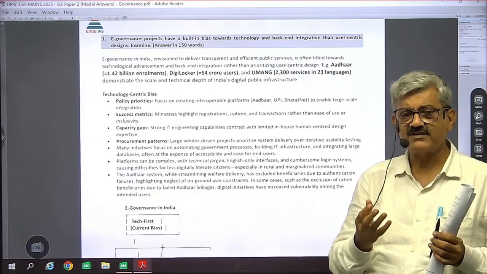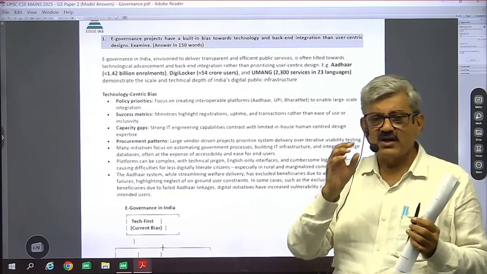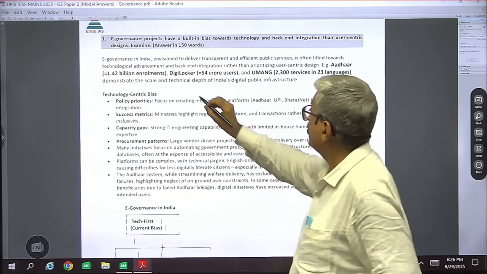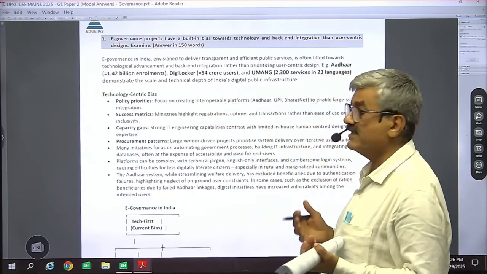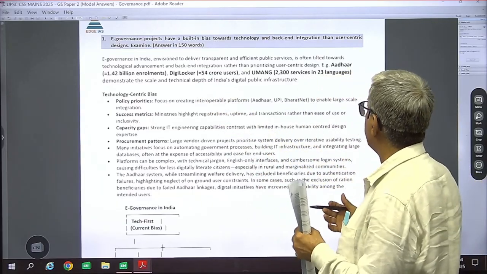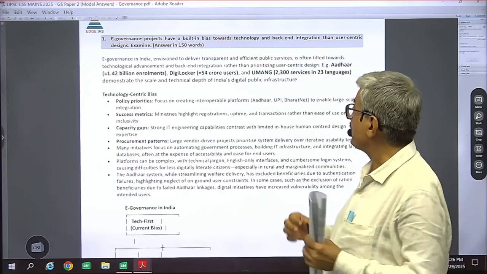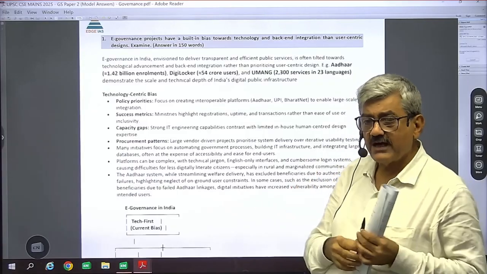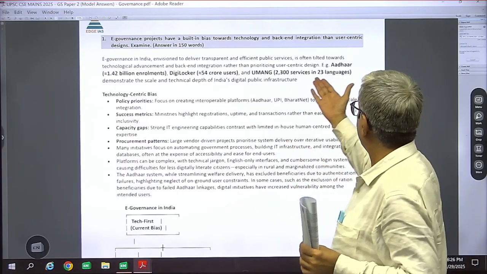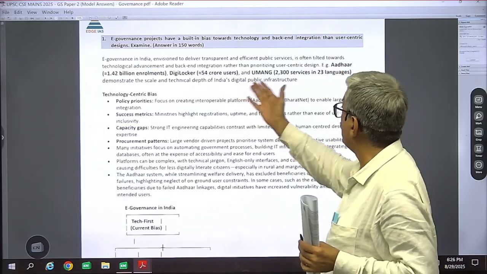How we started our journey in a very small and short way. E-governance, how it is envisioned as a transparent, efficient public service. What is the volume of work we are doing? Our main work is Aadhaar, DigiLocker, and Umang.